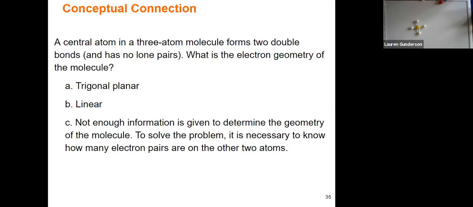Okay, so that describes the first electron geometry that we discussed, the linear molecule, where you have 2 electron groups. Okay, if it has a central atom with 2 double bonds, each double bond counts as 1 electron group. So it has 2 electron groups. That is a linear electron geometry.